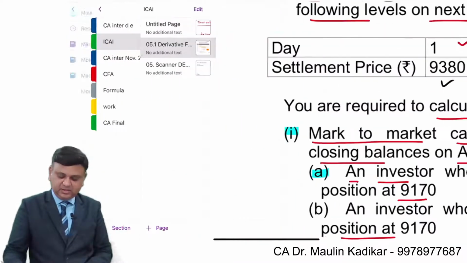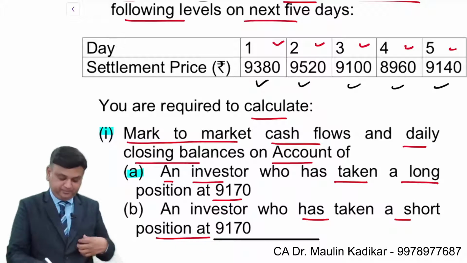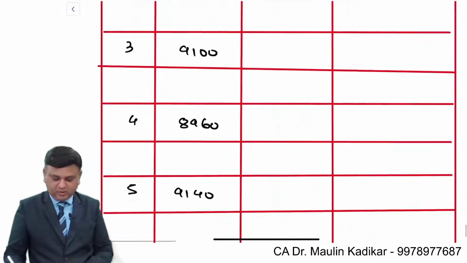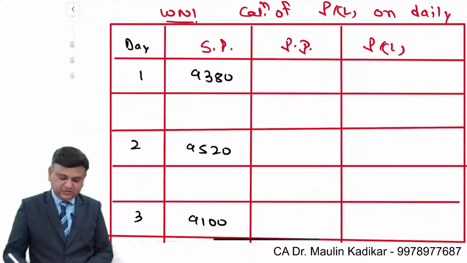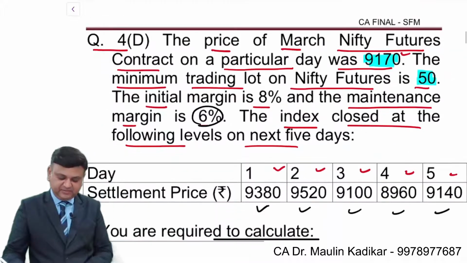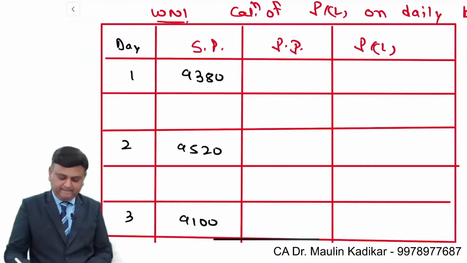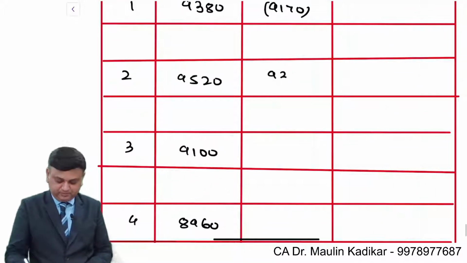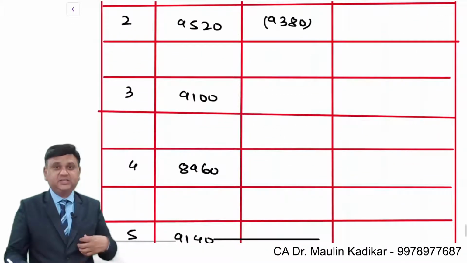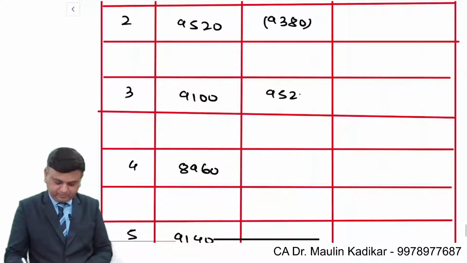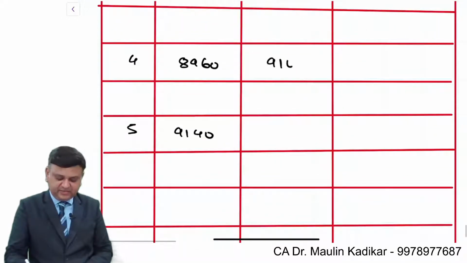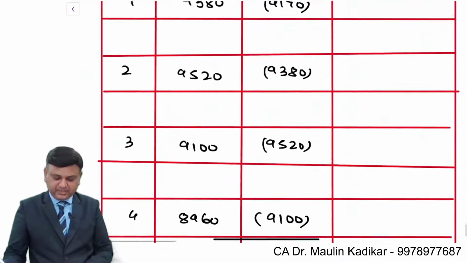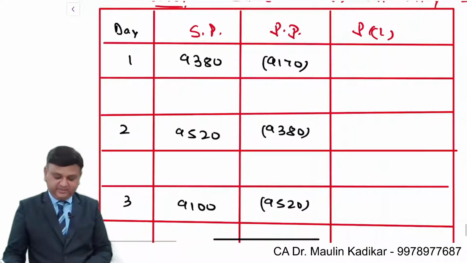And last day the sale value is at 9140. The purchase price for the first date will be 9170. Next date is 9380. Next date is 9520. Next date is 9100. Then it is 8960. This is the way the profit or loss will be calculated on daily basis.